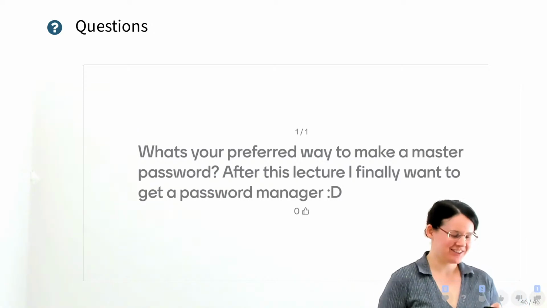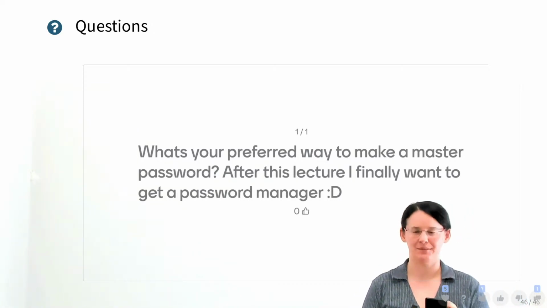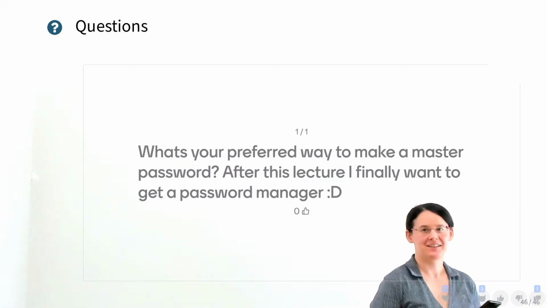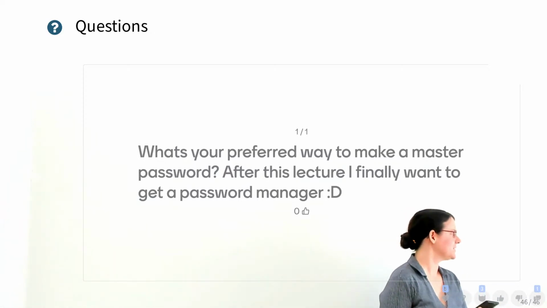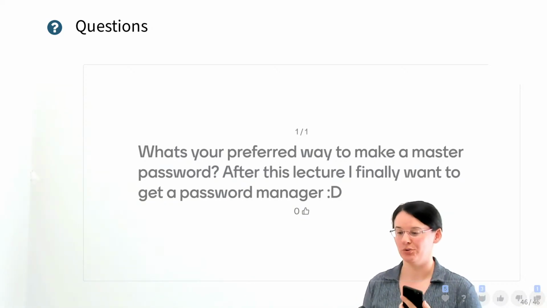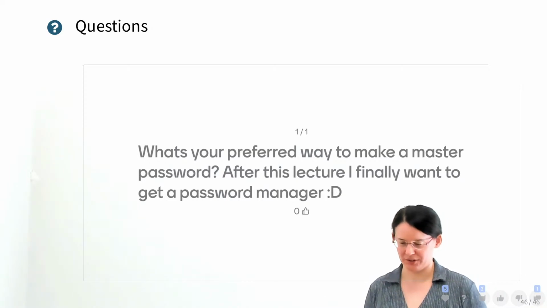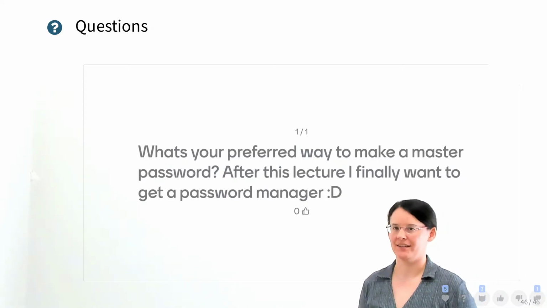Okay, one final question that I can't resist to answer. What's my preferred way to make a master password that you use for the password manager? So what I personally did is I tried to get really real entropy, and I didn't want to trust my computer to do it, so I used what is called diceware.